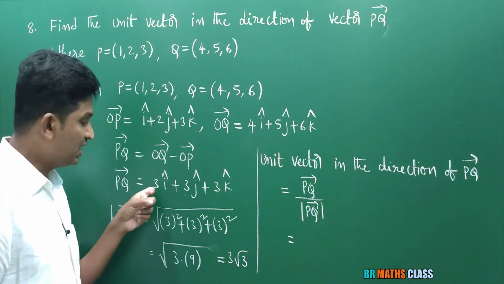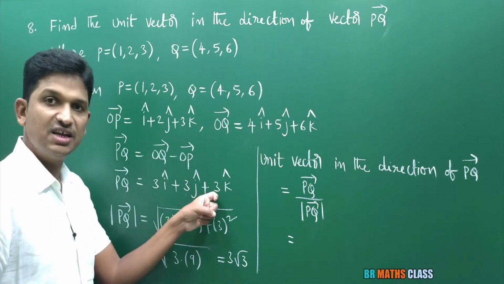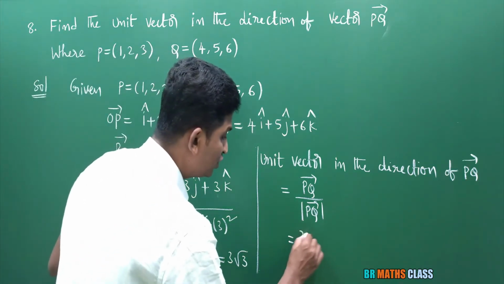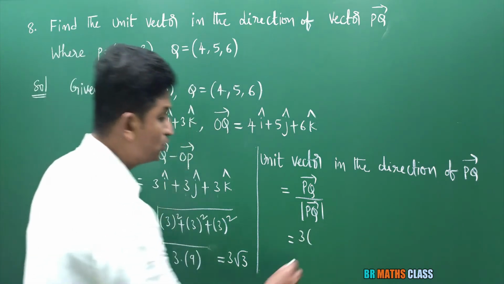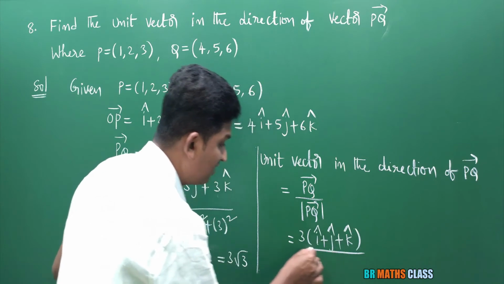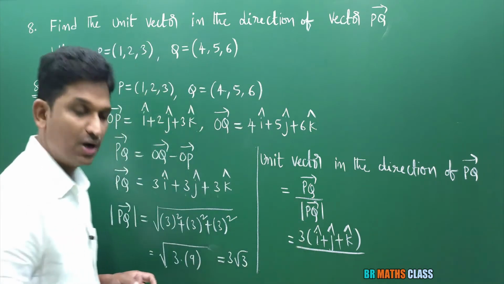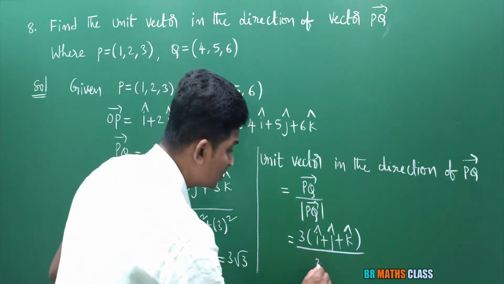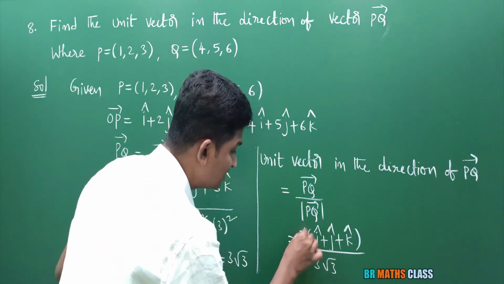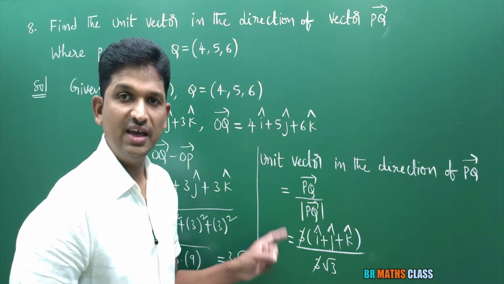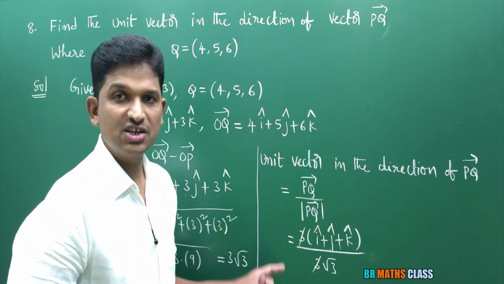In this PQ bar, here 3 is there, here 3 is there, here also 3 is there. So I can take 3 common. This PQ bar can be written as 3 into i cap plus j cap plus k cap, whole divided by the magnitude of PQ bar. What you got? Magnitude of PQ bar as 3 into root 3. Now this 3 will get cancelled. This is over. I calculated the unit vector in the direction of PQ bar.